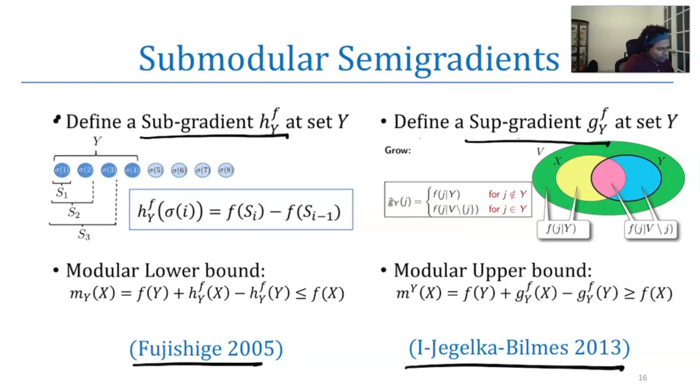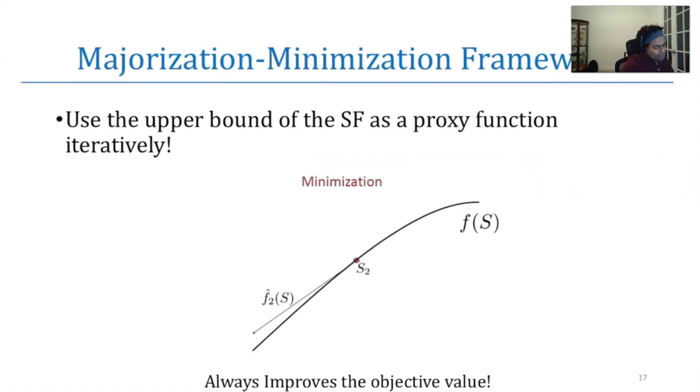Again, I won't go into a lot of detail, but it suffices to say that you can define these two gradients. And the whole idea of the majorization-minimization framework, which is the main scalable algorithmic framework we shall use here, is to iteratively define upper bounds of the submodular function as proxy functions.